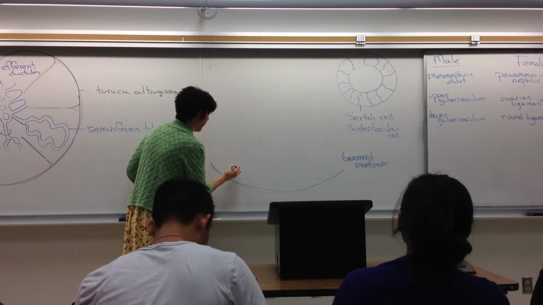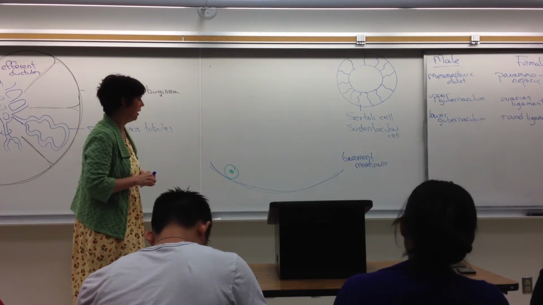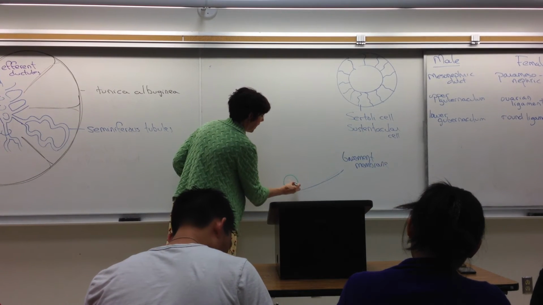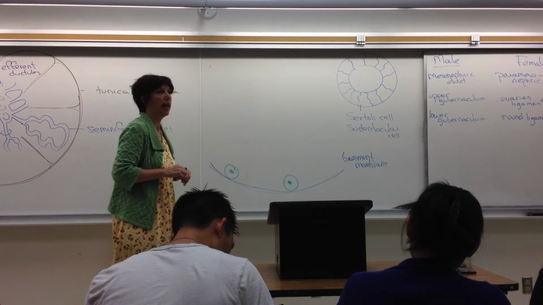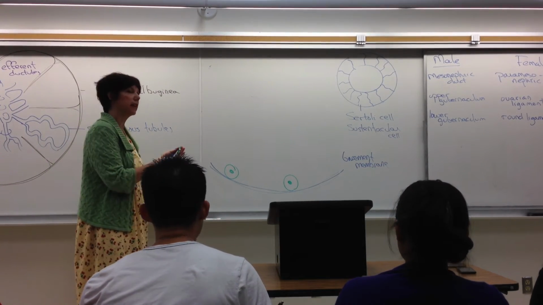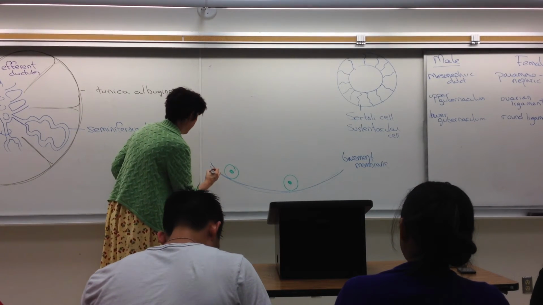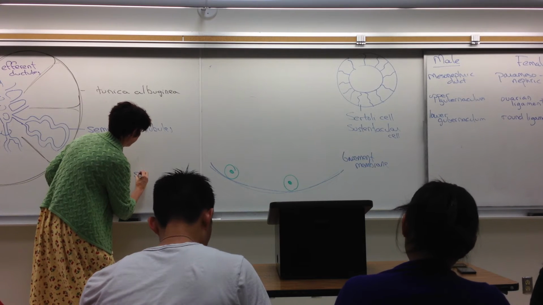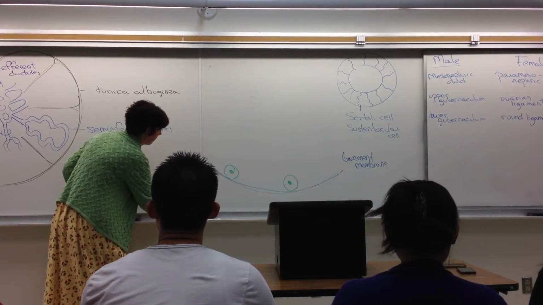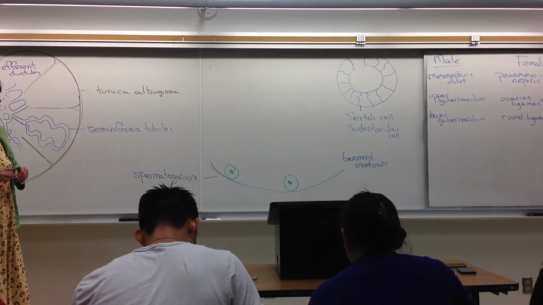And along the base of this basement membrane, the base of the cell, we have gonadal cells that have not yet started to mature. So these are the least differentiated, and they are identified as spermatogonia, or spermatogonia for plural.